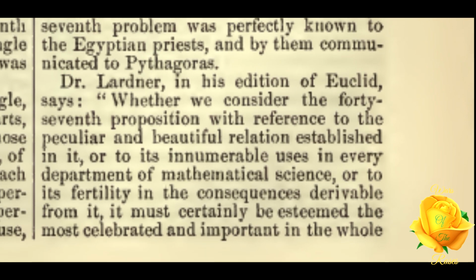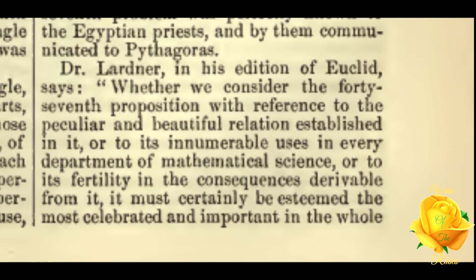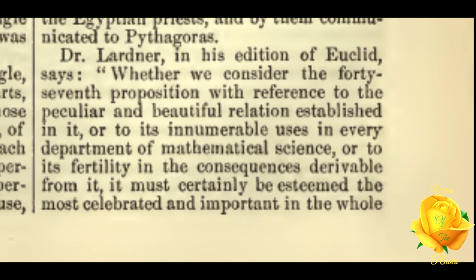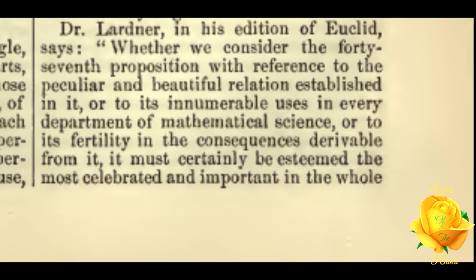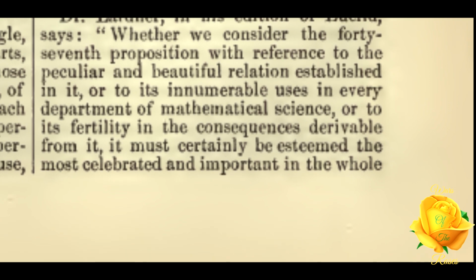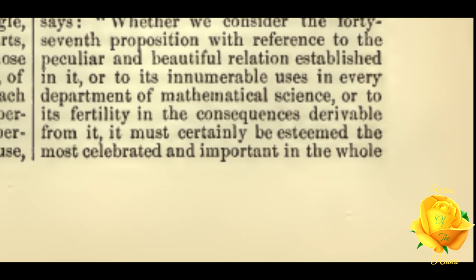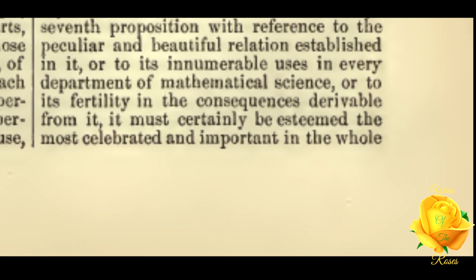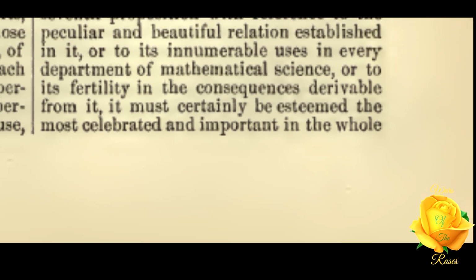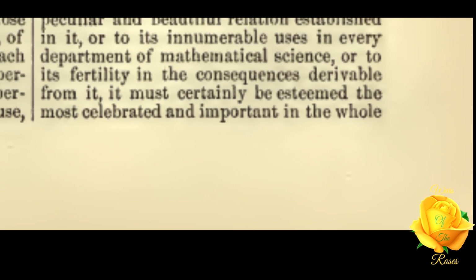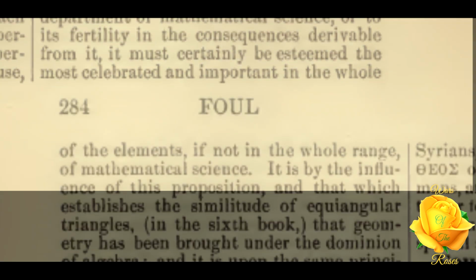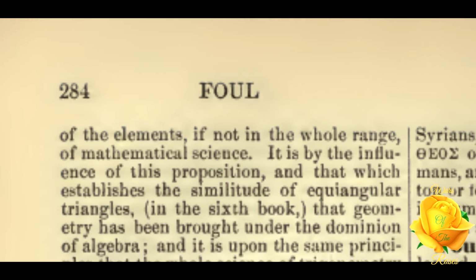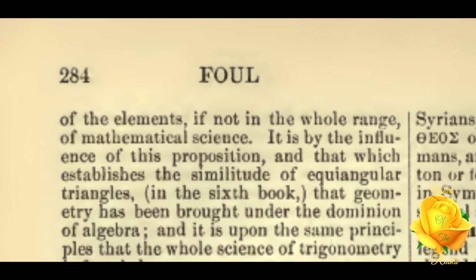Dr. Lardner, in his edition of Euclid, says, whether we consider the 47th proposition with reference to the peculiar and beautiful relation established in it, or to its innumerable uses in every department of mathematical science, or to its fertility in the consequences derivable from it, it must certainly be esteemed the most celebrated and important in the whole of the elements, if not in the whole range, of mathematical science.